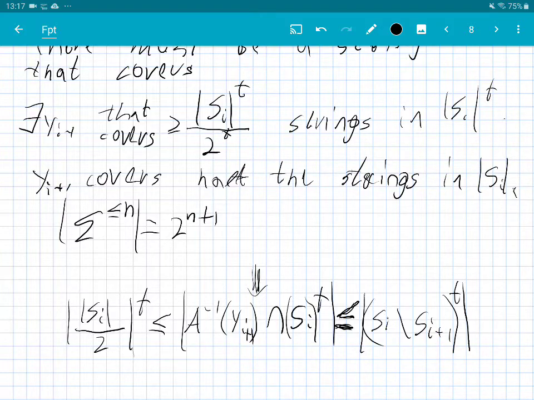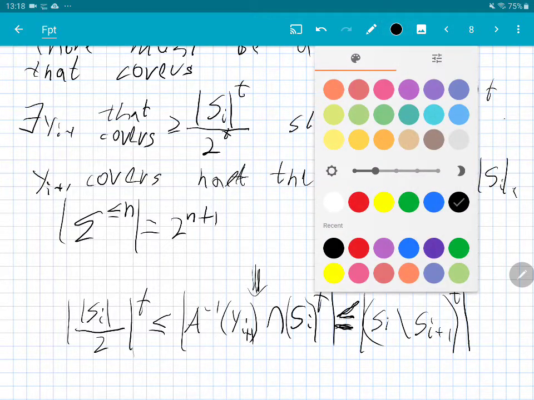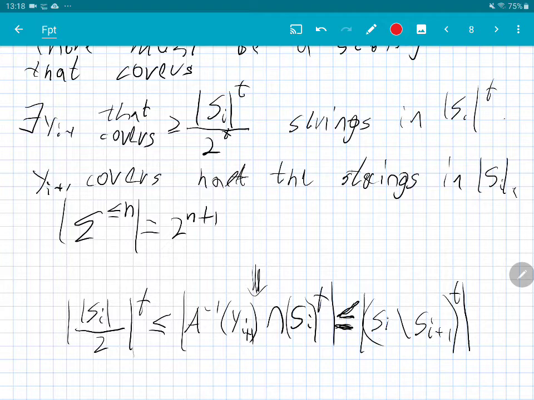And formally, all those tuples that got covered, right, are just, well, all the strings that got covered. This is exactly the set Si minus S_{i+1}, exactly the strings that got covered by y, right?